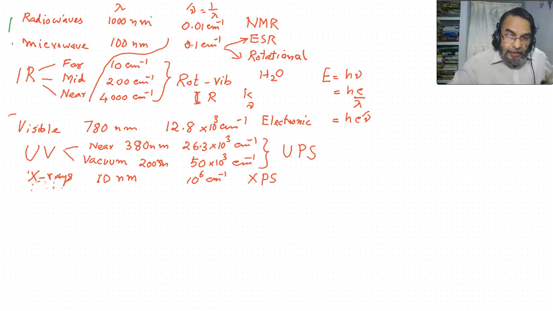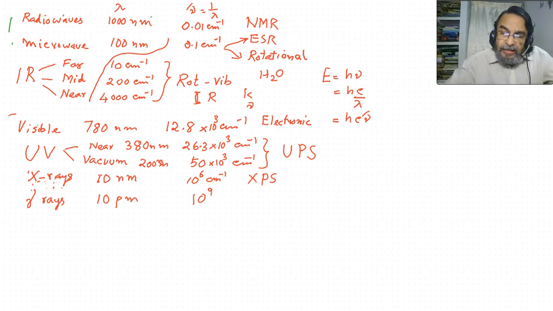The next, higher region is gamma rays. The gamma ray region starts from 10 picometer, and it has wave number 10 raised to 9 inverse centimeter.